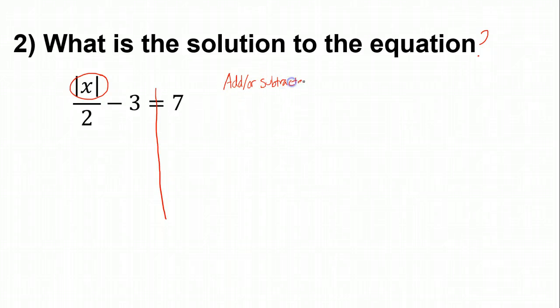So what's being added or subtracted here? 3, right? It's being subtracted. What's the opposite of subtracting 3? Adding 3, right? I'm going to add 3 to both sides, and that cancels out because 3 take away 3 is just 0. All right, and 7 plus 3 is 10.